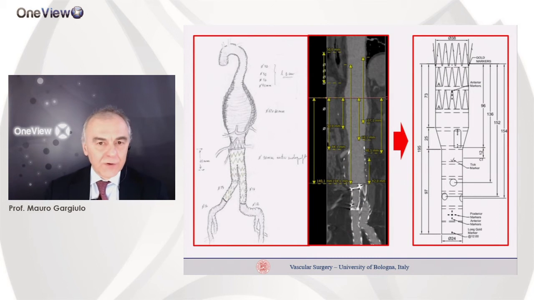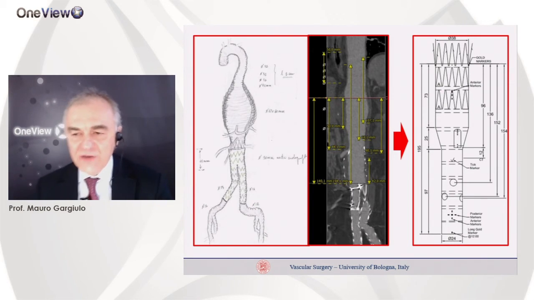In this patient, according to the morphology of the aneurysm and the previous endograft, we decided to make a customization of the endograft, and we decided to use a fenestrated endograft with a branch for the celiac trunk.